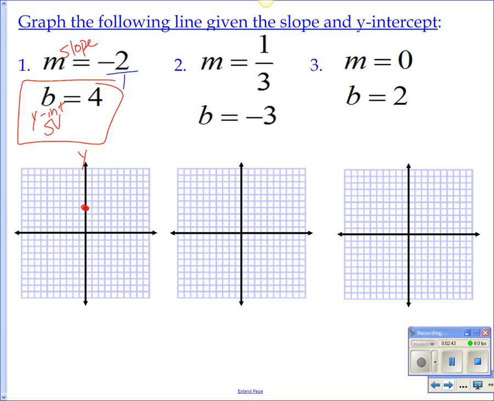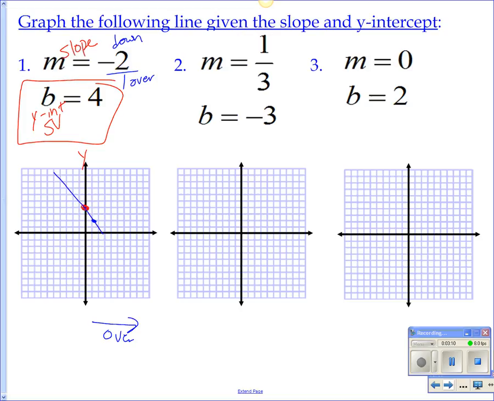Since it's negative, you're going to go down. And we always go over in this direction. So we're going to go down 2 and over 1.